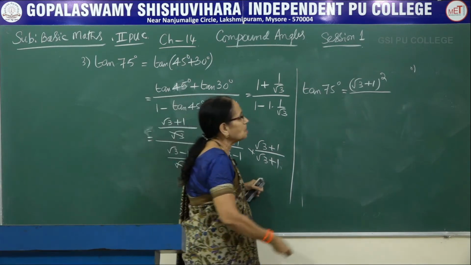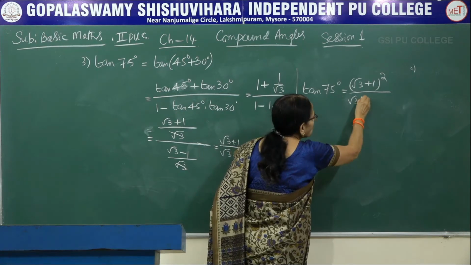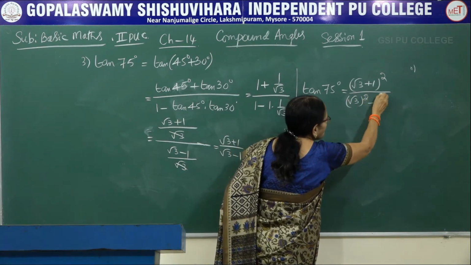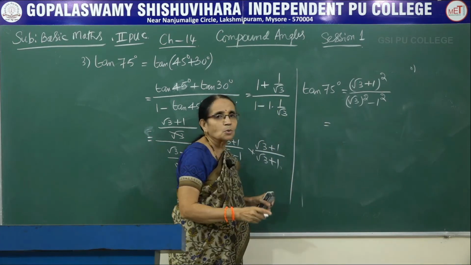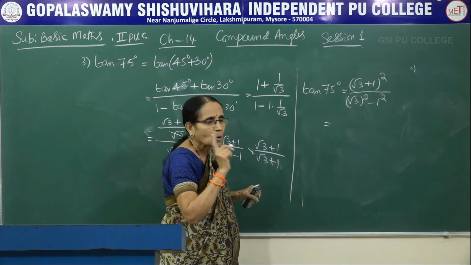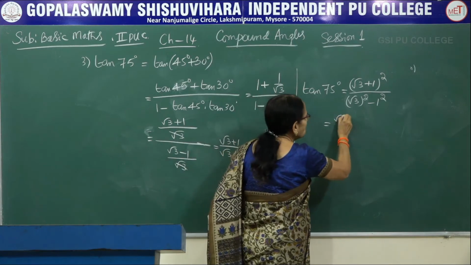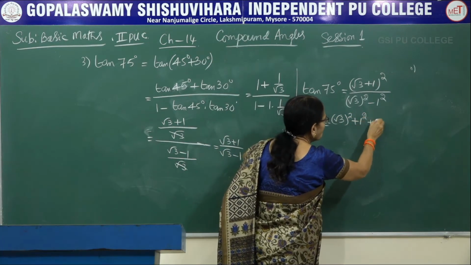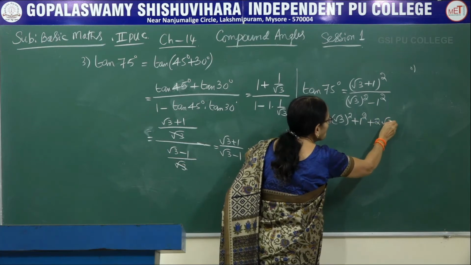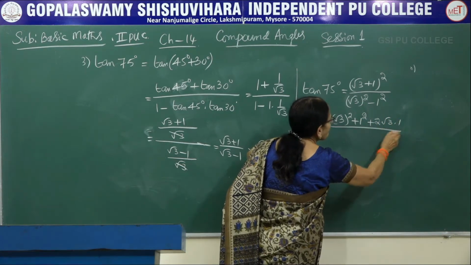A minus B into A plus B is A square minus B square. Now numerator you can expand using the formula A plus B the whole square. What is the expansion? A square plus B square plus 2 into A into B.